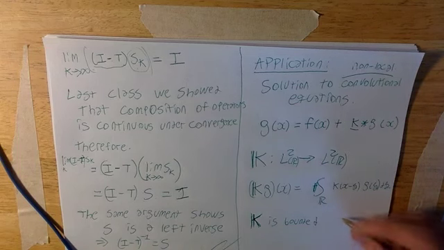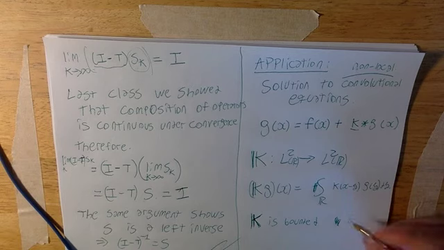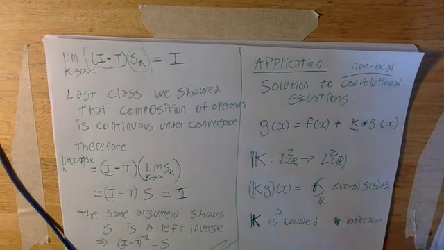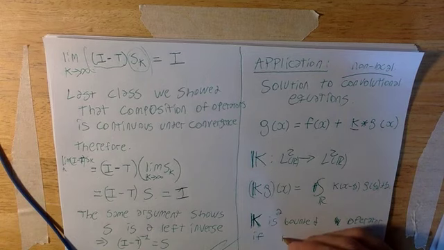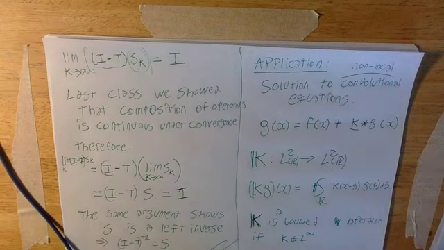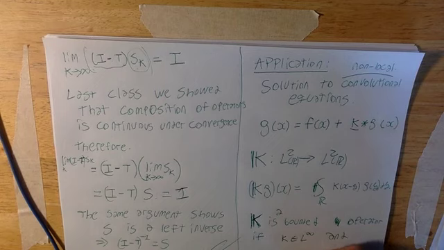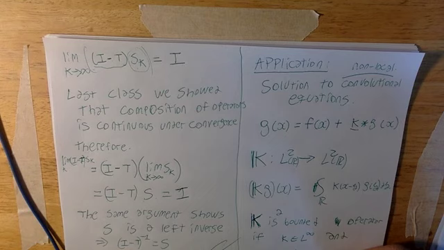K is a bounded operator if little k is in L infinity, and the norm of capital K is equal to the norm of little k in L infinity.